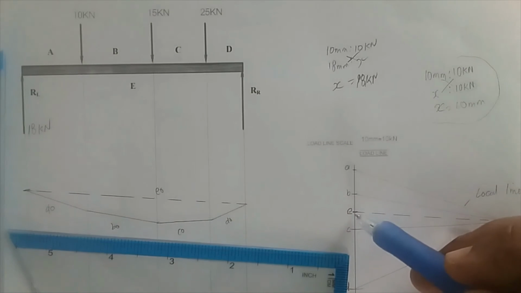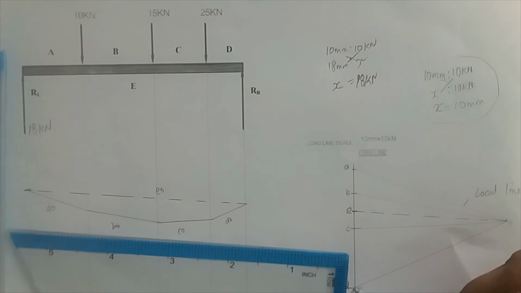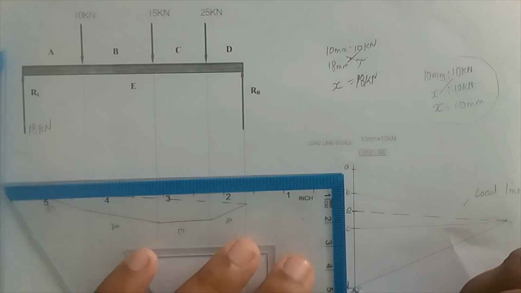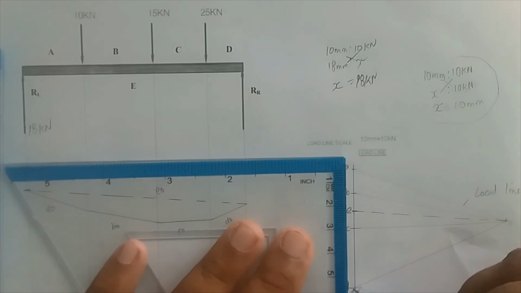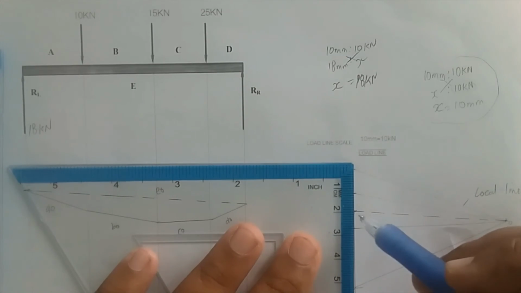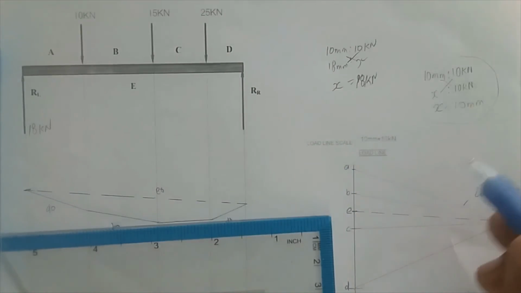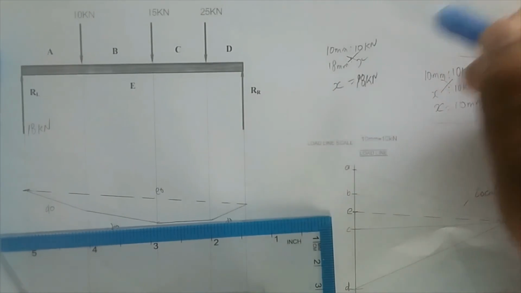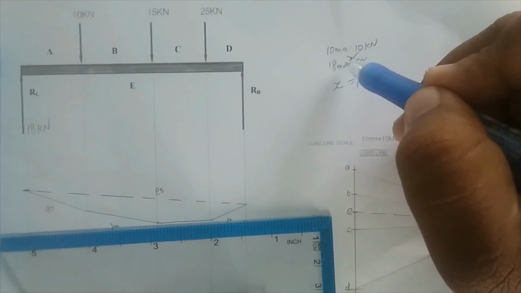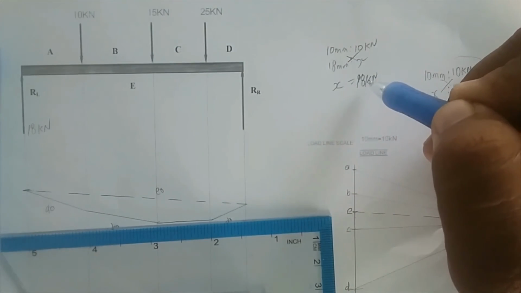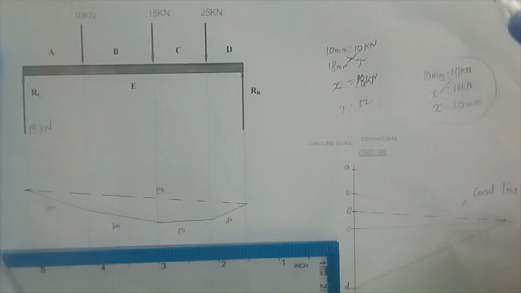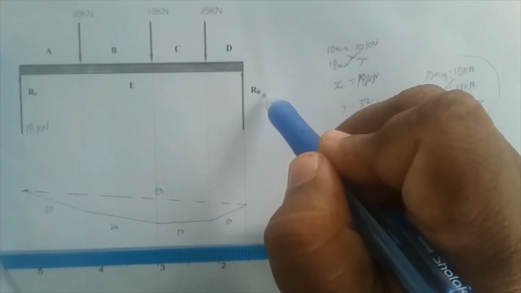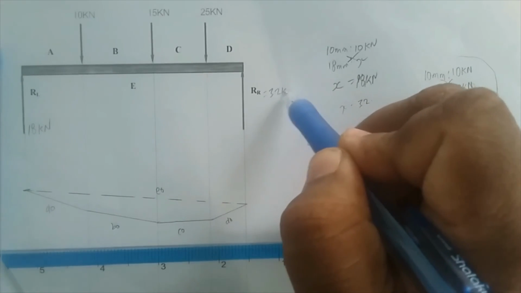For RR, measure the distance from E to D. The distance from E to D is 32 mm. I'll use the same scale here. In place of 18, I'll put 32 and get the value of x, and the x value is 32. So my value for RR is 32 kilonewton.